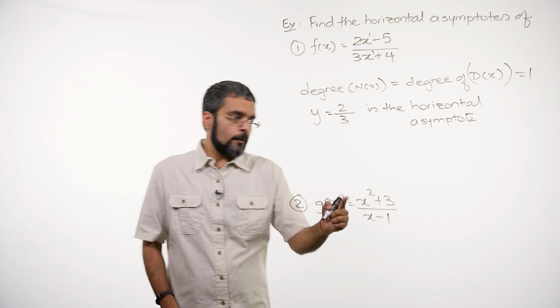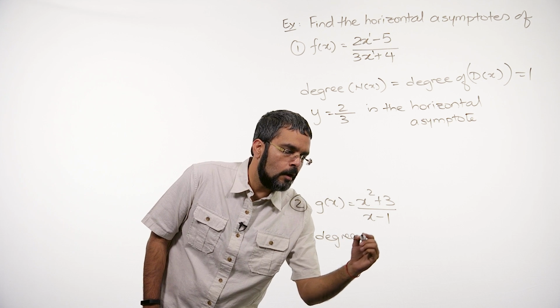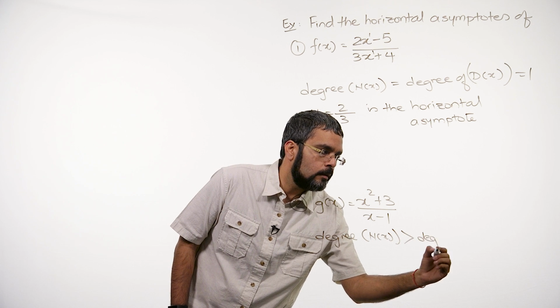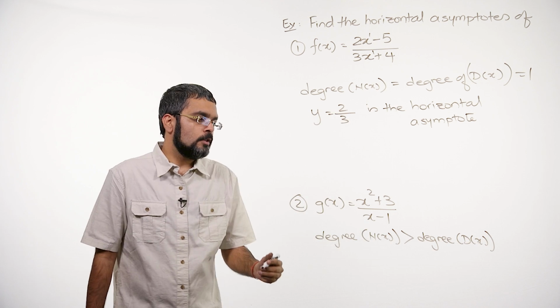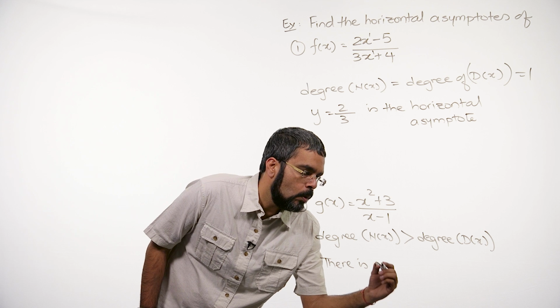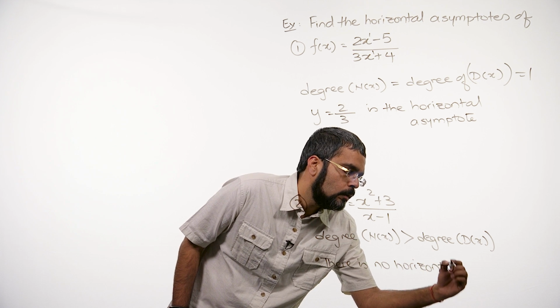And now for this function, we notice that the degree of the numerator is greater than the degree of the denominator, and so there is no horizontal asymptote.